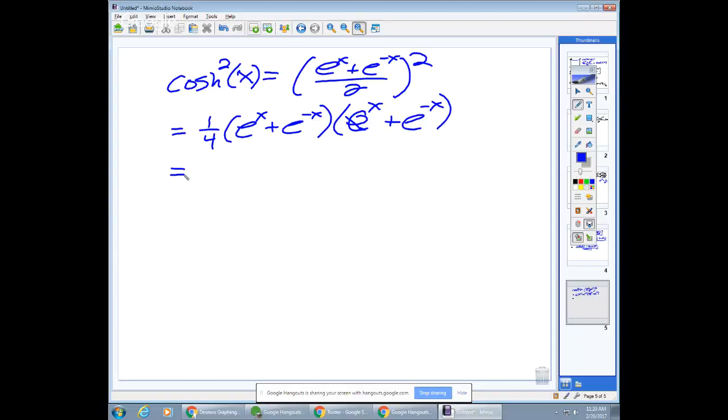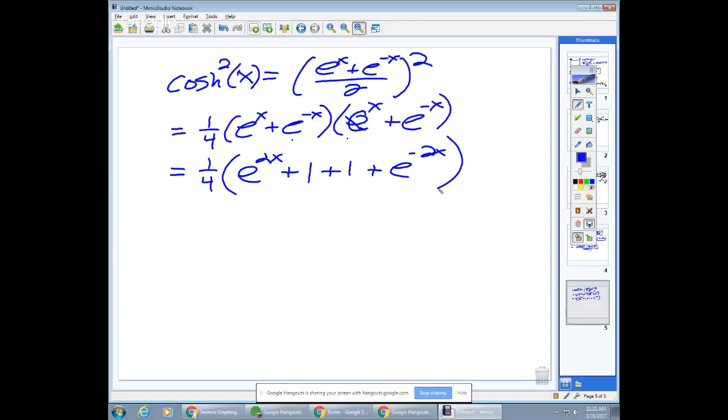And so I get some distribution. I'm going to keep the 1/4 separate. So let's see, e to the x times e to the x, that's e to the 2x. And then e to the x times e to the negative x is just a +1. Negative e to the x times e to the x is another +1. And then I'm going to get plus e to the negative 2x when I multiply e to the negative x times e to the negative x.